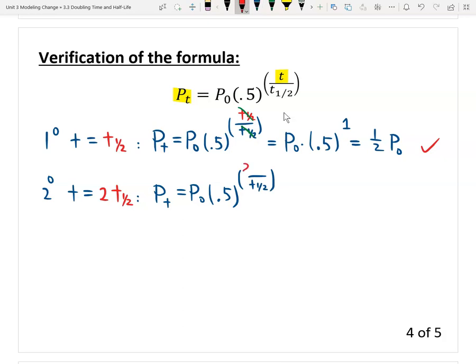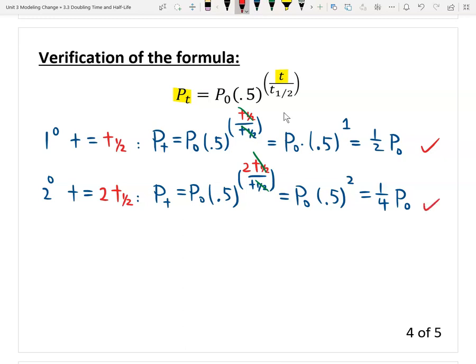T is two half-lives. The same, we're going to cancel this. So what is the power now? The power is 2, right? So we have P0 times 0.5 raised to the power of 2. Of course, by calculation, what do we get? We get a quarter times P0. See, that's true. Why? Because it goes through another half-life and the value goes down to half again. Half of half is a quarter.